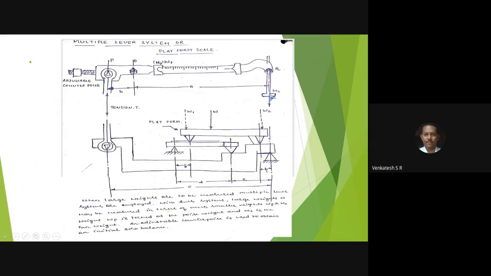Here you keep the poise weights provided by the manufacturer, in terms of 10 kg, 20 kg or 50 kg. Suppose you want to measure 45 kg: you keep two poise weights of 20 each, and move the moving counterpoise weight to read the fifth graduation, which indicates 45 kg.